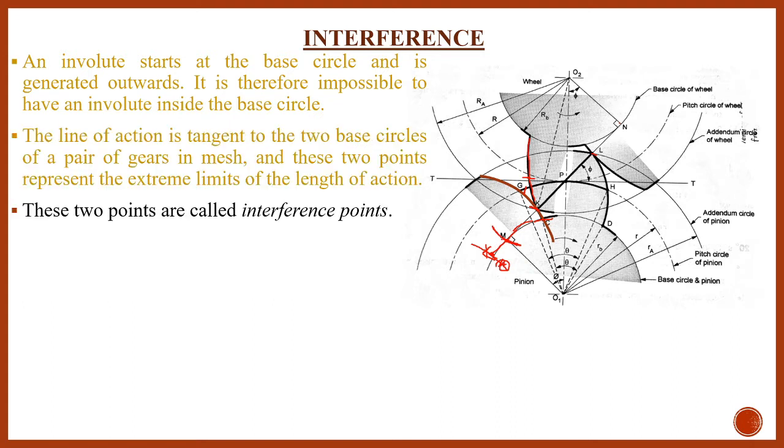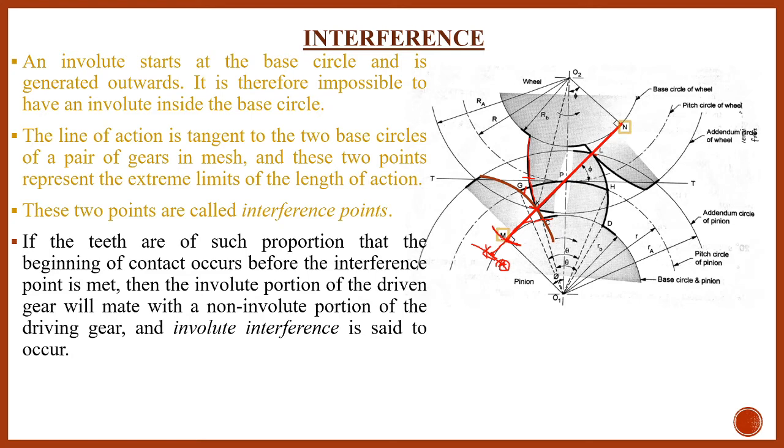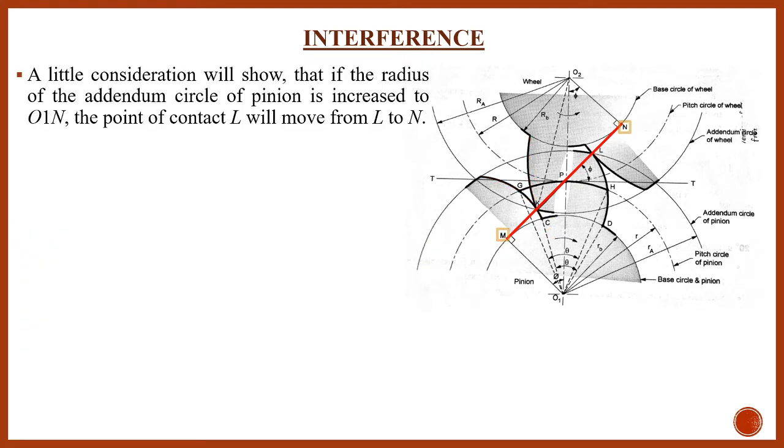That's why M and N are called the extreme limits, also referred to as interference points. Now O1N will be the maximum addendum circle radius for the pinion and O2M will be the maximum addendum circle radius for the gear to avoid the interference.